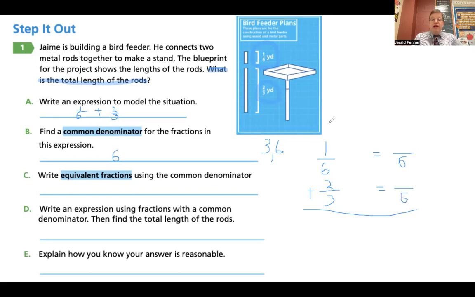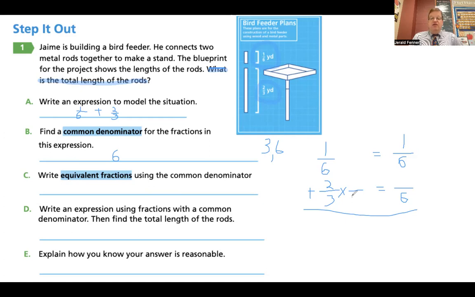And with this first fraction, that's quite easy because it already has 1/6. So you just put a 1. It's always nice when one of your fractions already has the common denominator. But this second one needs to be converted. So just like we did yesterday, just like we did in the problem of the day, we're going to find the equivalent fraction to 2/3 with 6 as a denominator. 3 times what gives you 6?